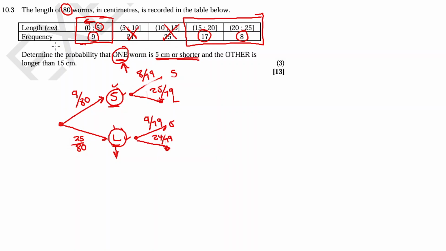Okay, so determine the probability that one worm is 5 centimeters or shorter and the other is longer than 15 meters.